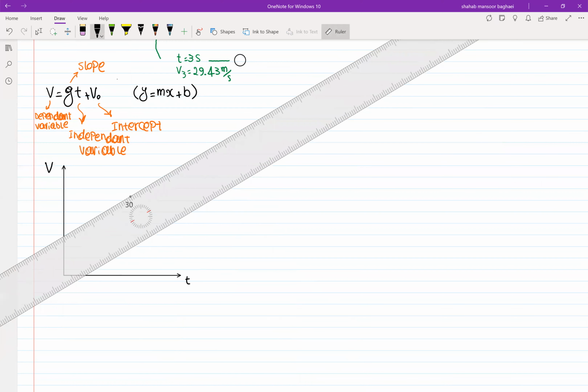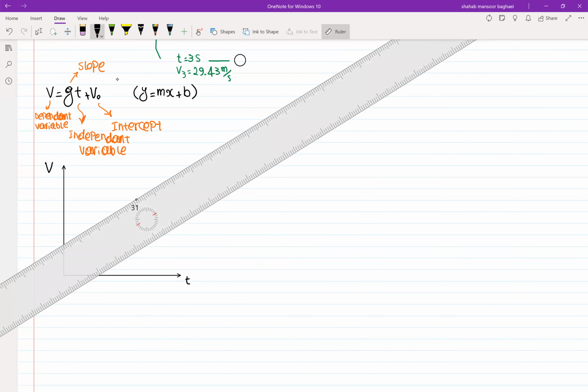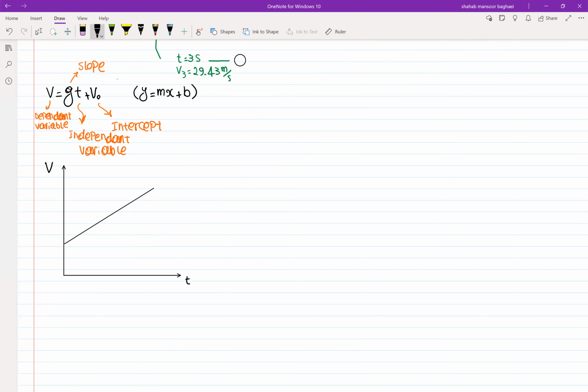You can plot it here. And obviously here, at the beginning, the vertical distance of the intersection between the line and the velocity axis with respect to origin, this is intercept. That's V0.